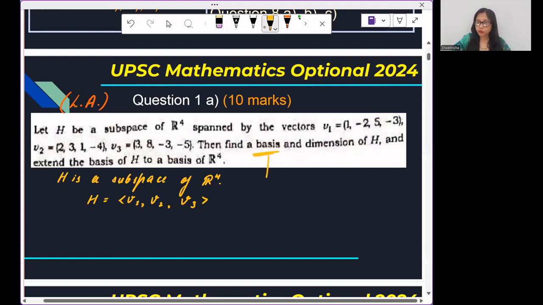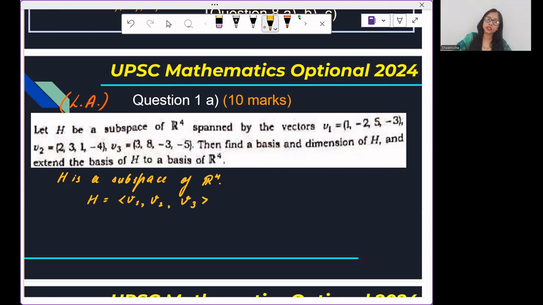So what is the definition of basis? It has to be linearly independent and it should span the complete vector subspace or space. So spanning is already given in the question. It is spanned by the vectors. I just have to check the linear independence, right? We have 3 vectors.